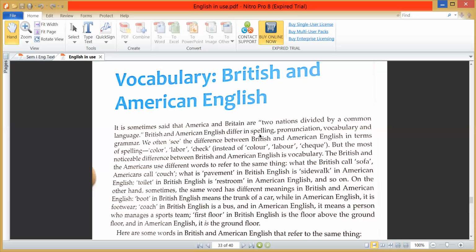That is the main reason we see a difference in the spelling also. They didn't complicate it, but made it a bit simpler than British English.